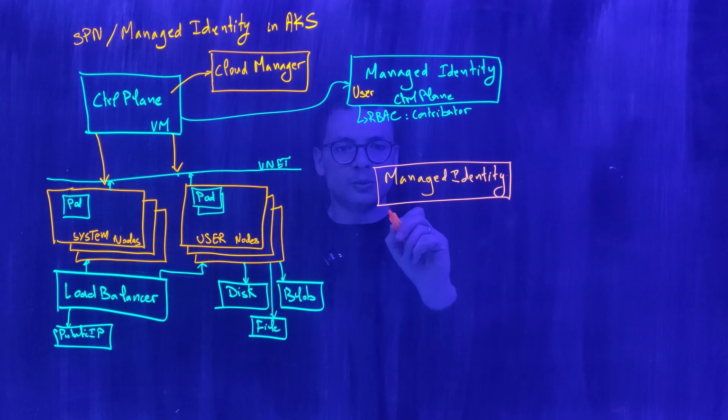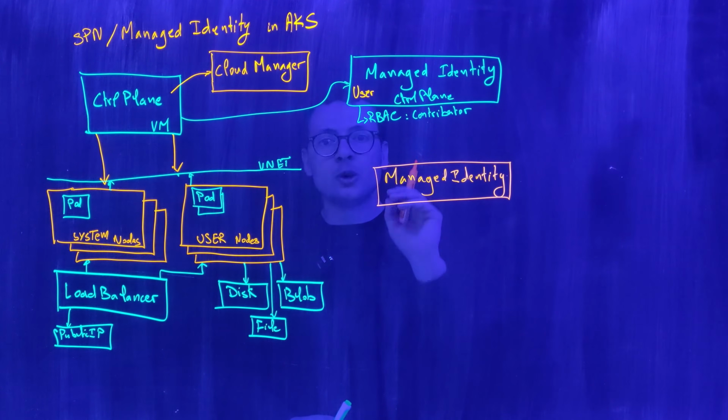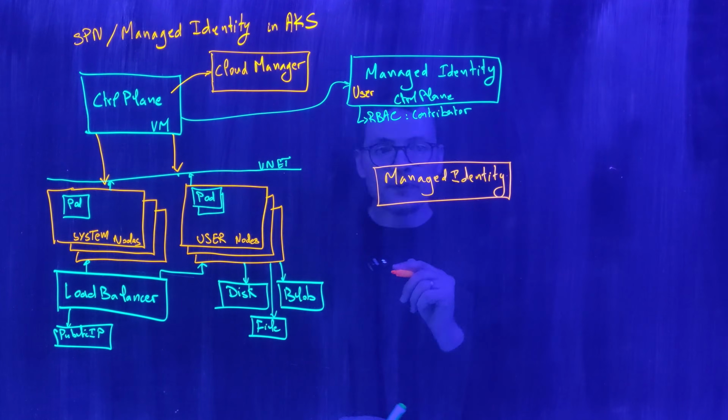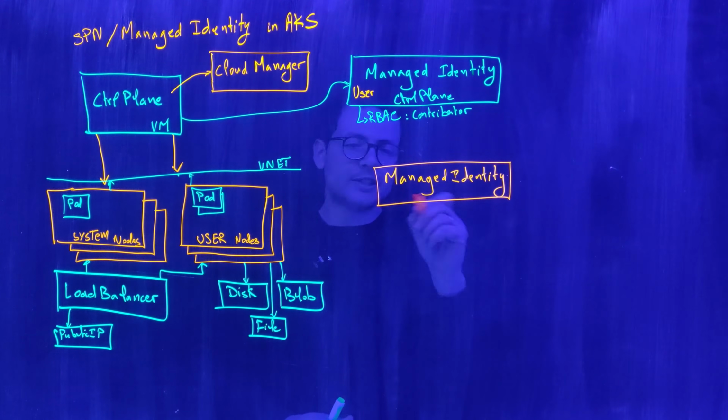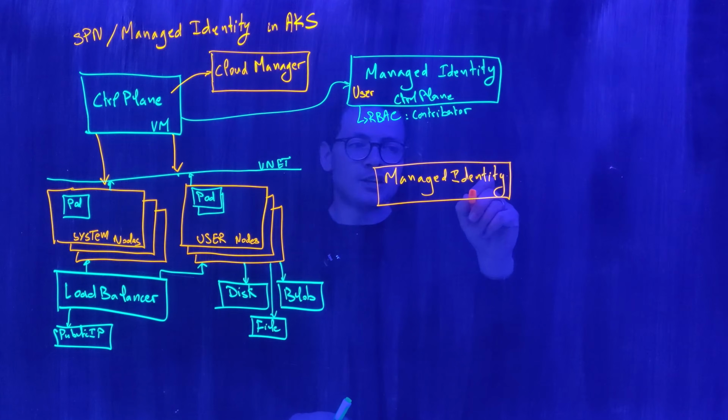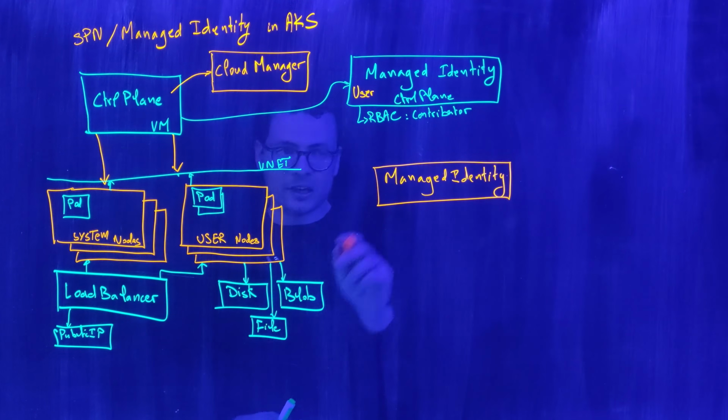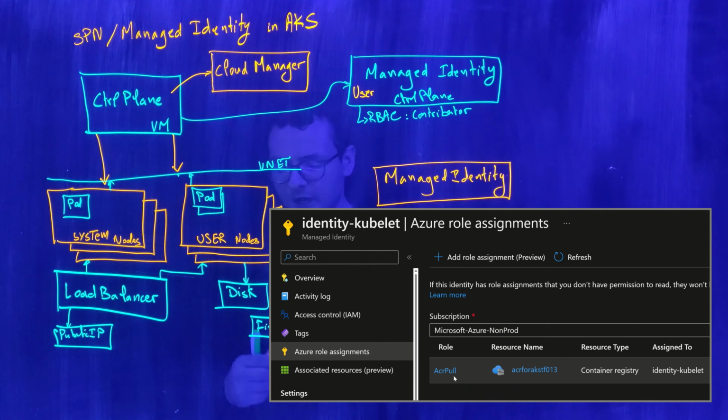This identity, we always see it inside the node resource group for my cluster. And typically it's called something like agentpool-identity. This managed identity will be attached to the system and to the user node pools. So all of those nodes right here, they will use that managed identity.